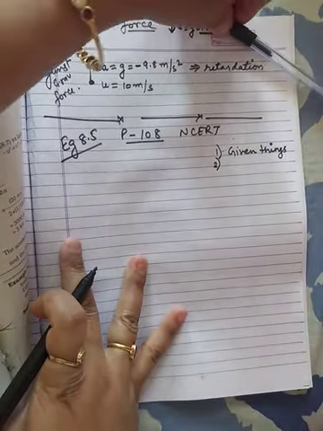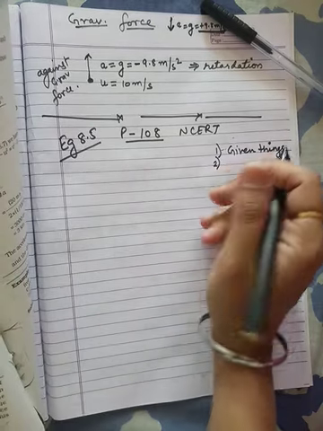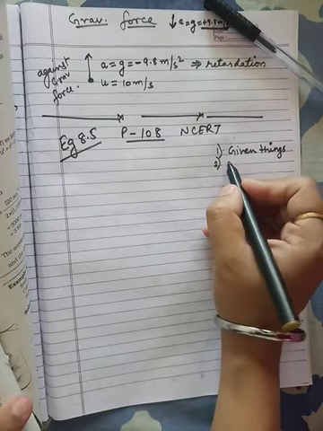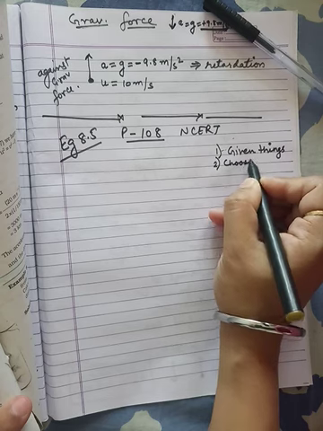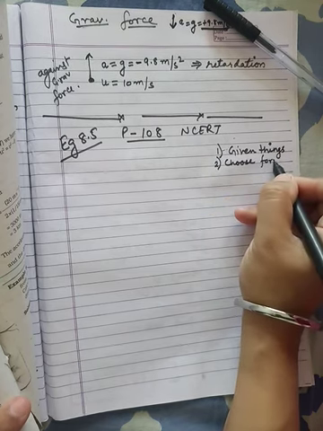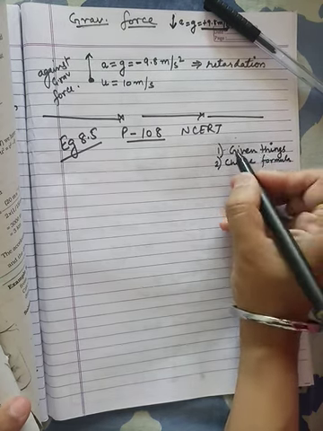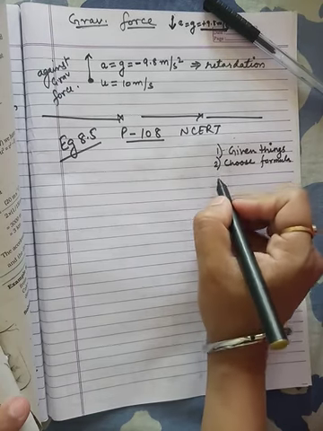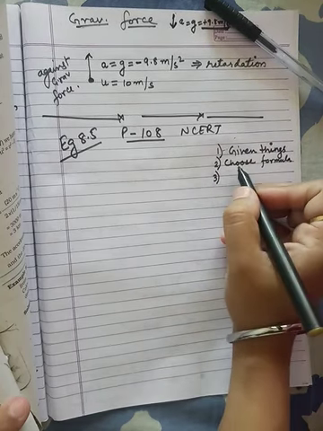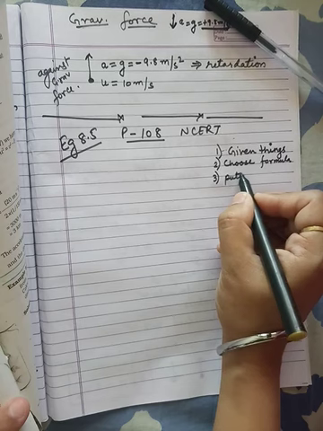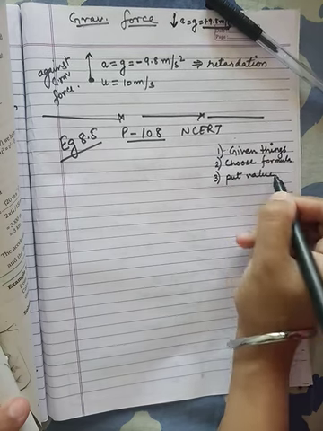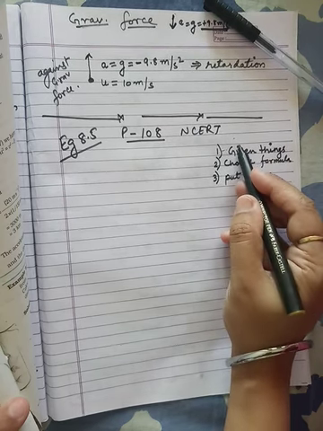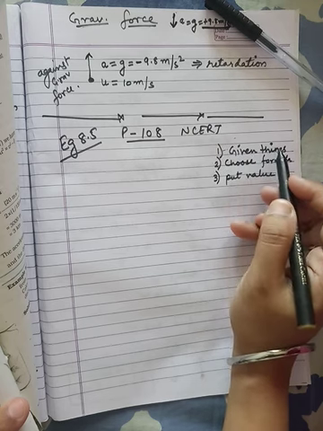What are the given things in the question? Secondly, we have to choose the formula, which equation we have to use according to the given things. Thirdly, we have to put the values in that formula, those values which we have written in the first step.